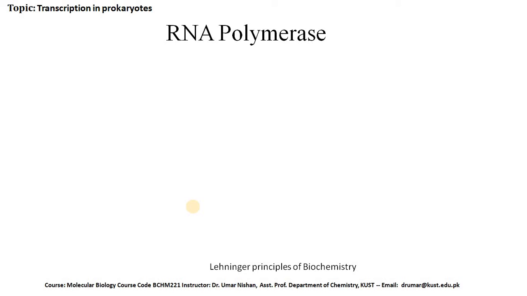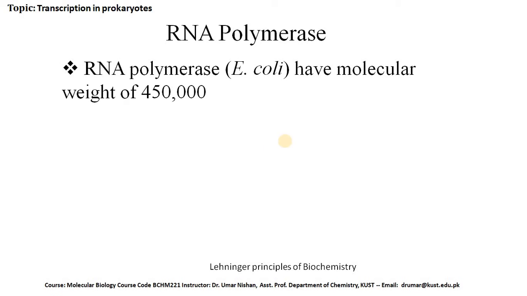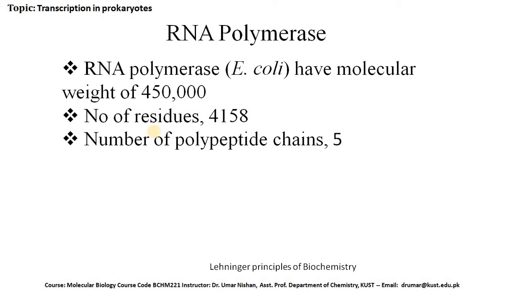We will briefly try to understand what this RNA polymerase is. RNA polymerase in E. coli has a molecular weight of around 450,000. It consists of 4,158 amino acid residues, and it consists of 5 polypeptide chains.